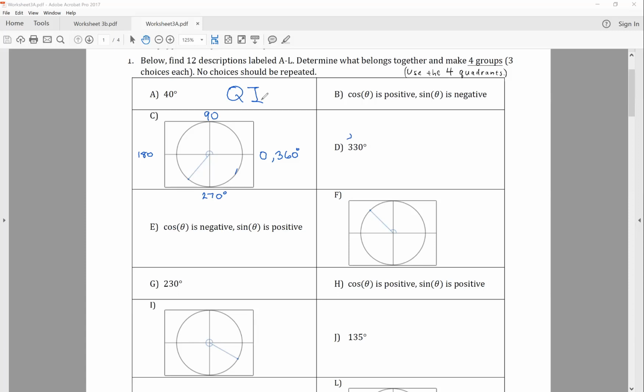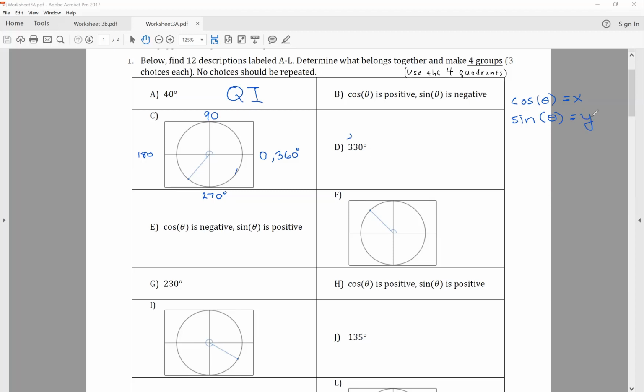B. Remember, cosine of theta is the x value, and the sine of theta is the same as the y value.